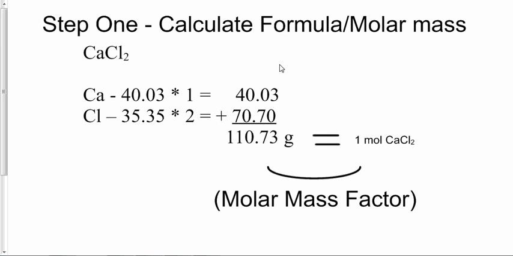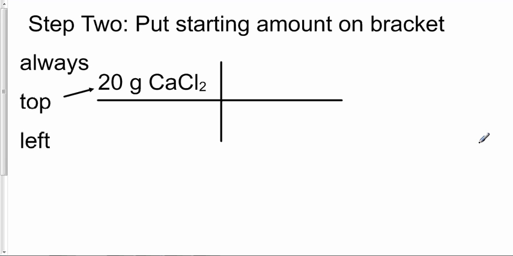Having this right here means I am done. I have calculated my molar mass. Now, the next thing to do is to put the starting amount on the bracket. So I draw the bracket in black.